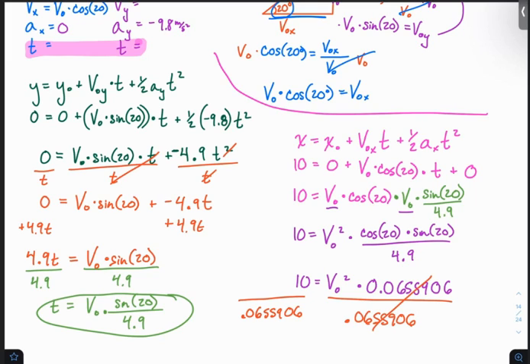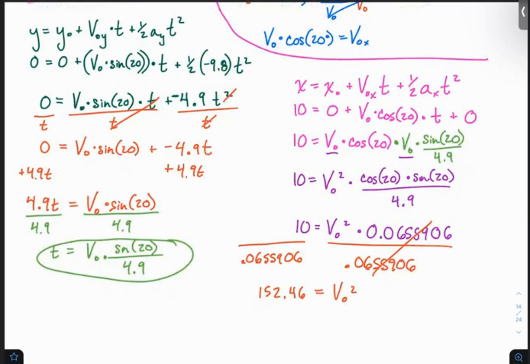Divide both sides by that. And I get 152.46. And that'll be equal to v naught squared. And so then I just need to square root both sides to get my starting velocity.